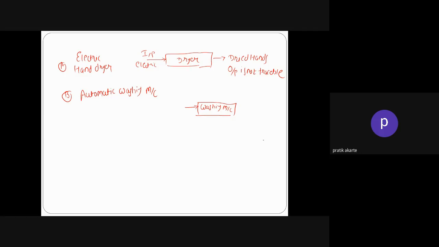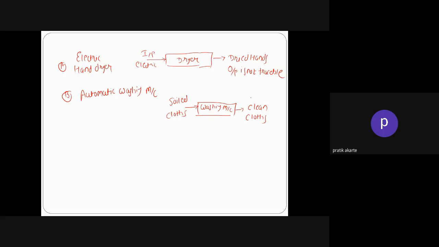So for the automatic washing machine, what is the output? Output must be clean clothes. And the input is your soiled clothes, the dirty clothes. This is the input to the system.